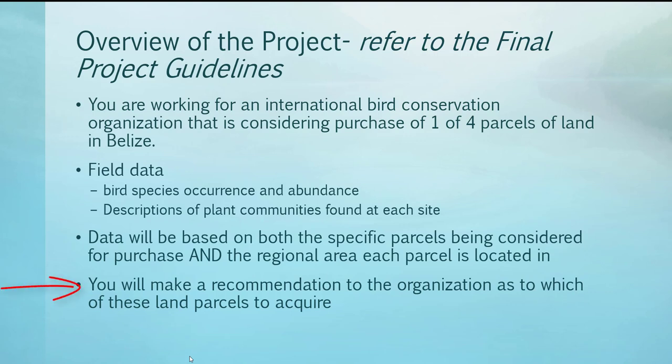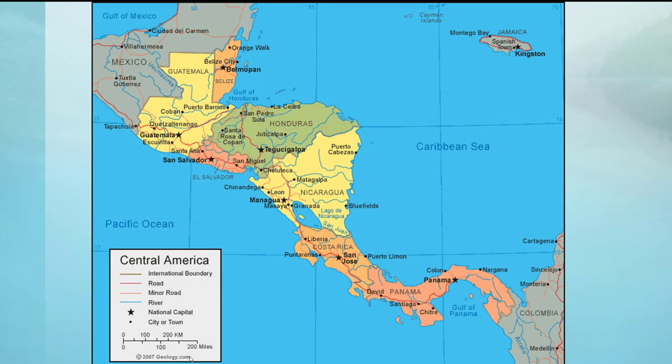Okay, so that's the overview of the project. For more information about the project itself, in the assignment information folder on Brightspace, please refer to the final project guidelines. The country that our final project is based on is Belize.